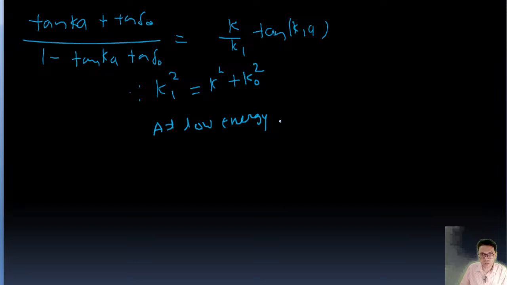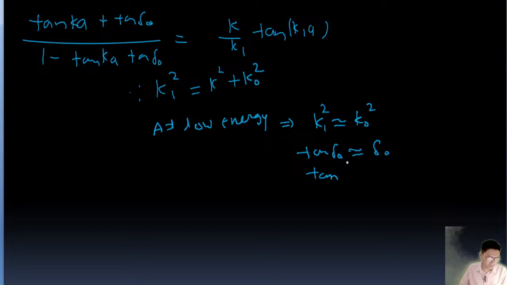At low energy and S scattering, k1 square is going to be almost equal to k naught square, and tan delta naught is going to be almost equal to delta naught, since at low energy we are talking about small angles. So tan ka is going to be ka.